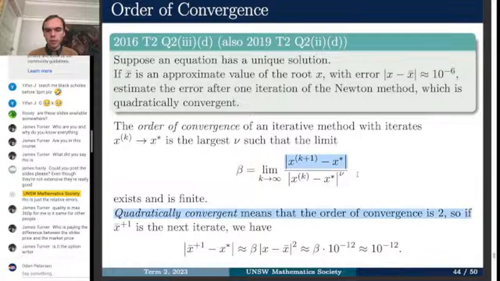We represent that as this quotient limiting to a fixed beta, and we want beta to be finite and hopefully fairly small.